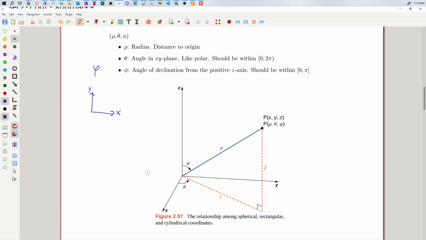So you can always express every point in three-dimensional space so that rho is greater than or equal to 0, theta is between 0 and 2 pi, and phi is between 0 and pi. That labeling is always possible, and that is the typical convention.